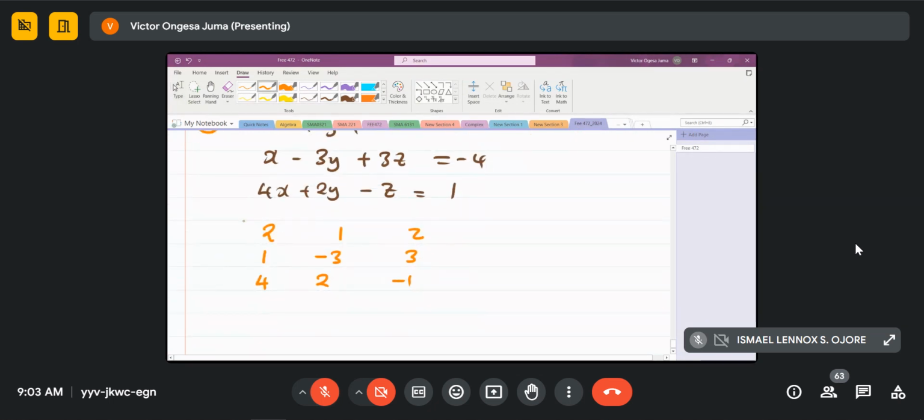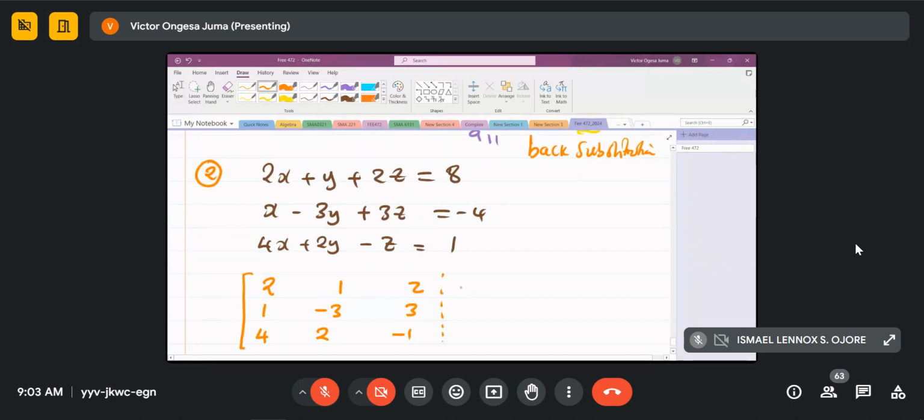If you have a problem extracting this, let us know. And then I augment this with the vector of solutions, the constants.